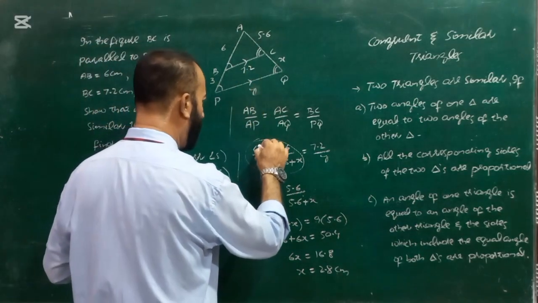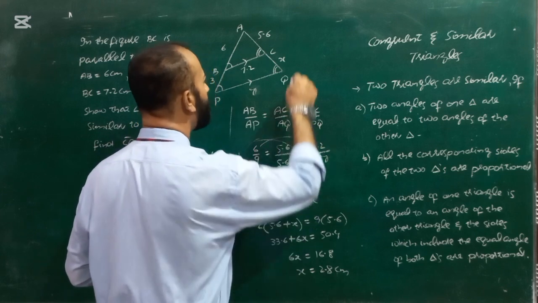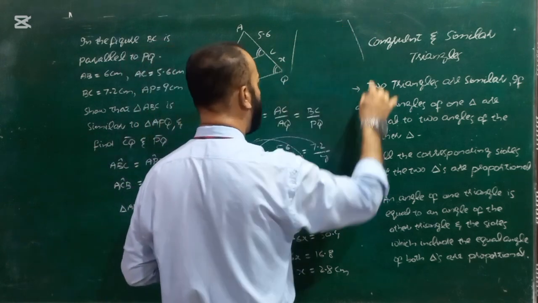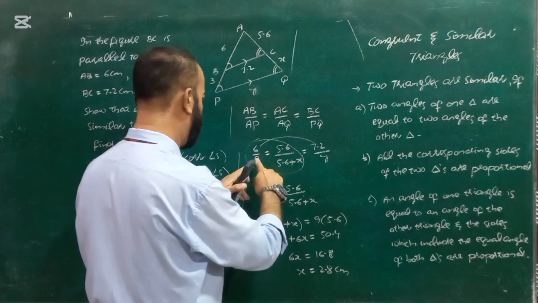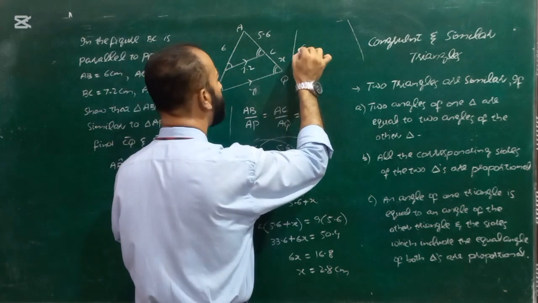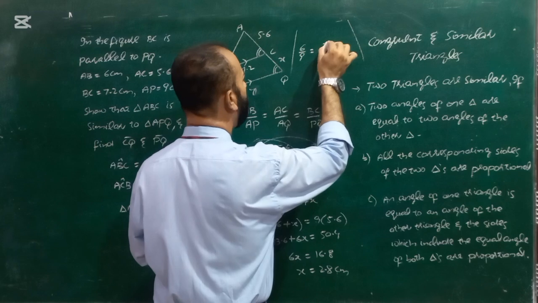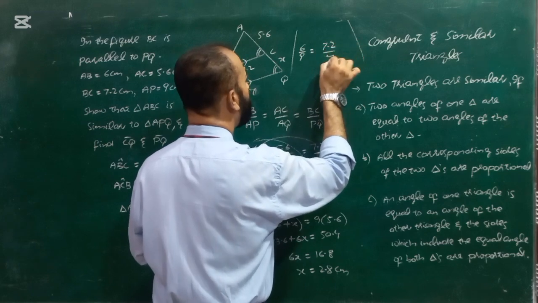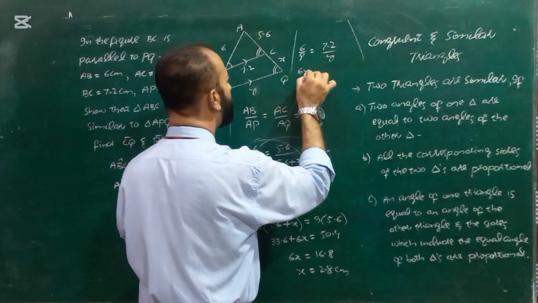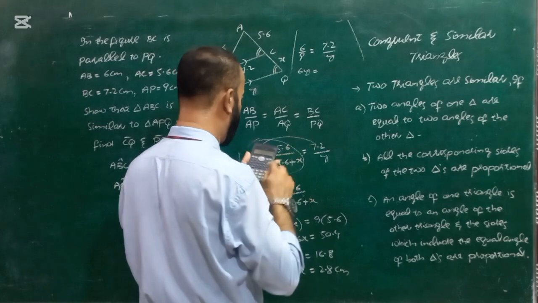Okay, now we will take these two values equal. So I'm coming here. So look now, 6 over 9 is equal to 7.2 over y. So cross multiplying the values, 6y will be equal to 9 into 7.2.